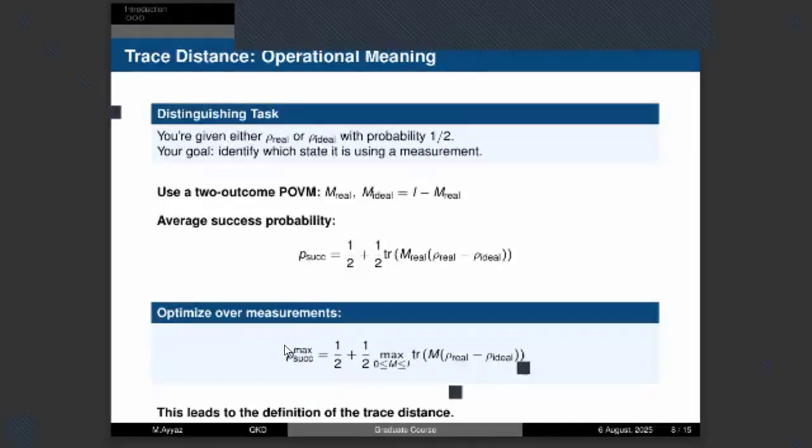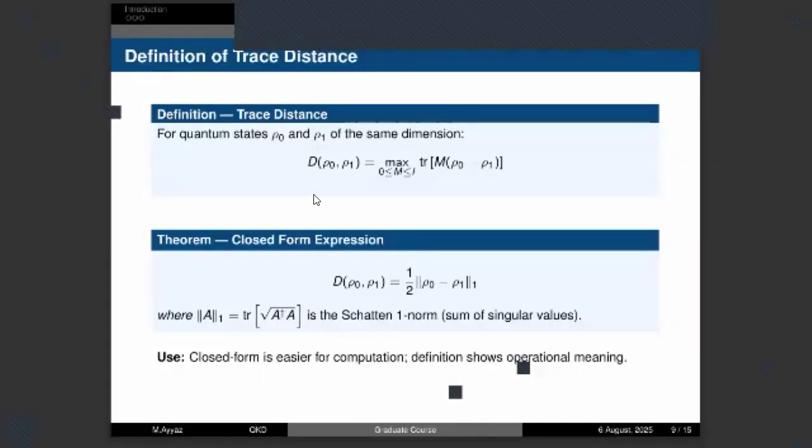So our optimization problem is given as this. Here is the definition of the trace distance. The trace distance is given as this in its operational form, and M here is the optimal POVM measurement that we are going to employ to distinguish between the two states.